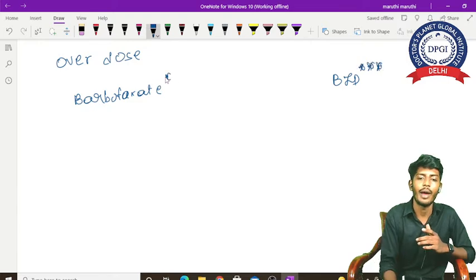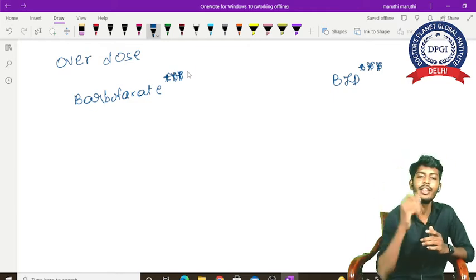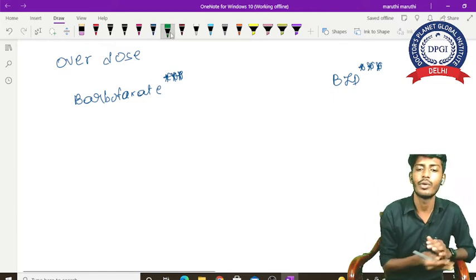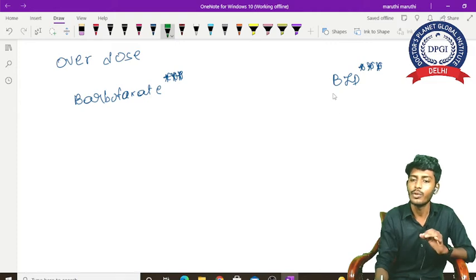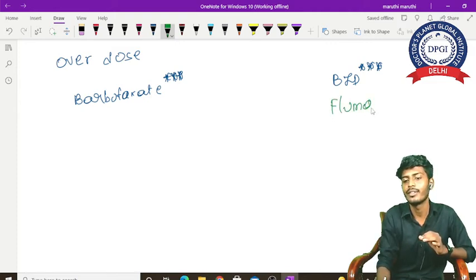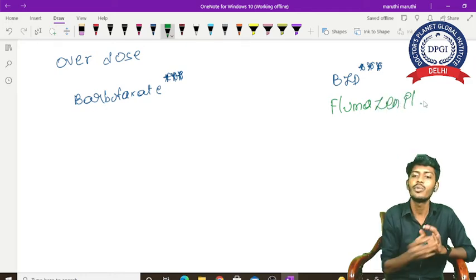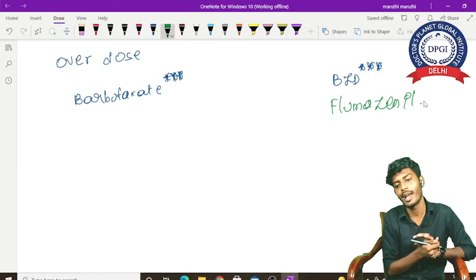I would tell you to please remember and understand everything about these. The antidote for benzodiazepines is called flumazenil. Flumazenil is the antidote for benzodiazepines.